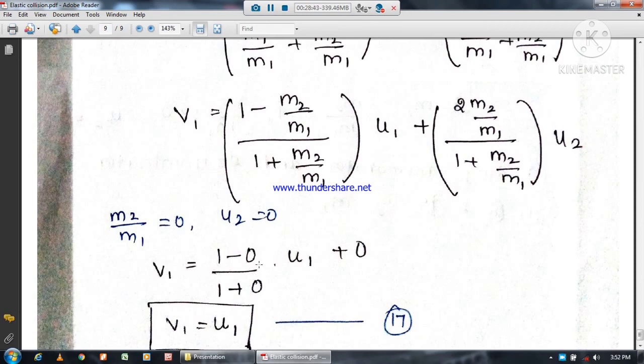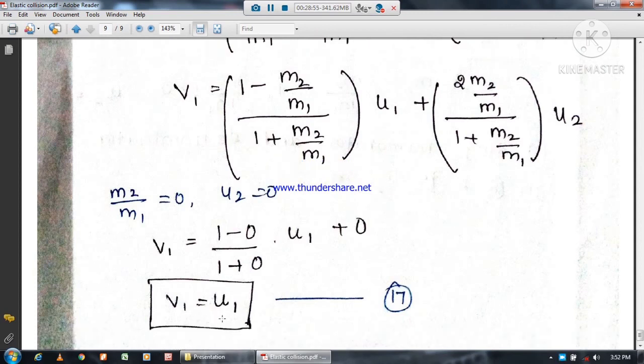Now we put m2 divided by m1 is equal to 0 and u2 is equal to 0. So we get v1 is equal to (1 minus 0) divided by (1 plus 0) into u1, plus u2. u2 is 0, so the total term becomes 0. So v1 is equal to u1.